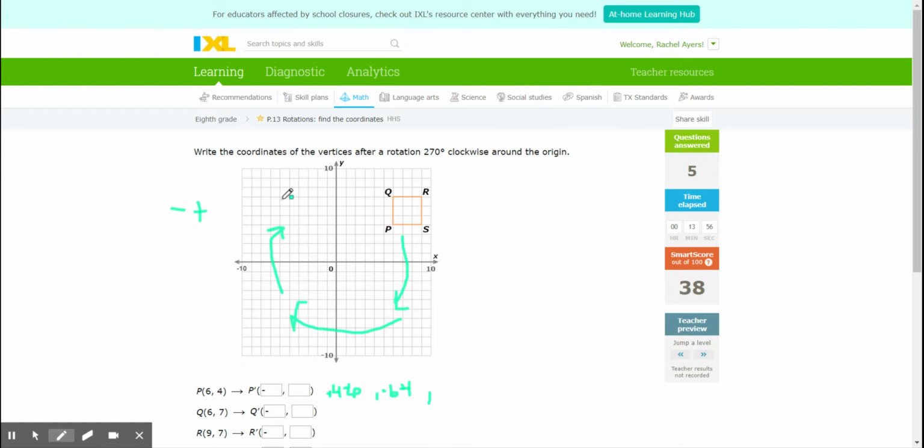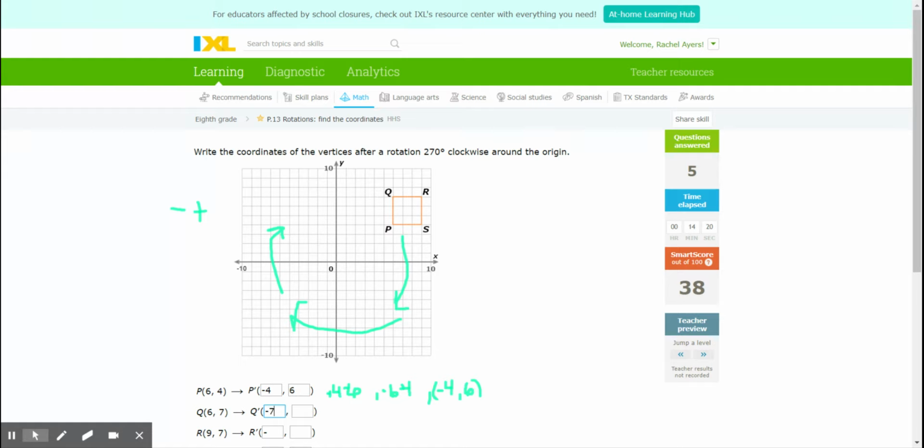But then as they switch that last 270 degrees, they switch back and the 4 comes first and the 6 comes later. And because they're in this quadrant, I know it's going to be a -4 and then a +6. So once I have one of those rules, I've got -4, +6, I know that they're going to be switching. So I've got 4 over here and 6 over here.